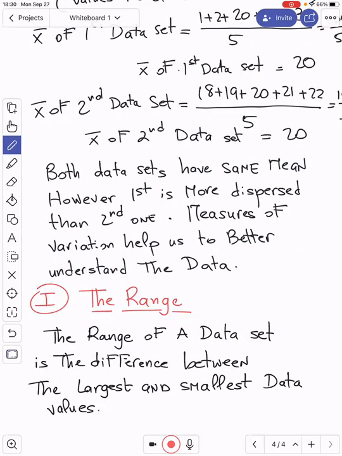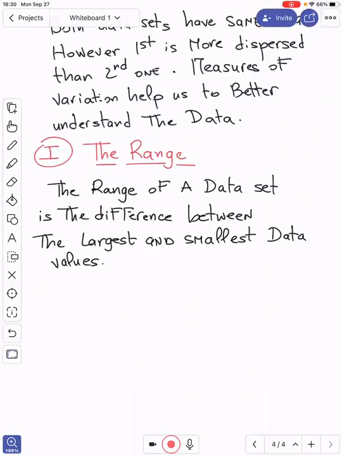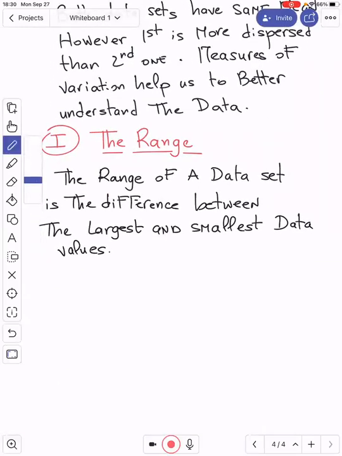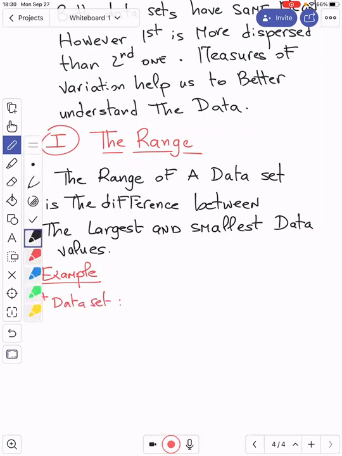So in our previous example, the first data set was 1, 2, 20, 38, and then 39. We said that the mean of this first data set is 20.